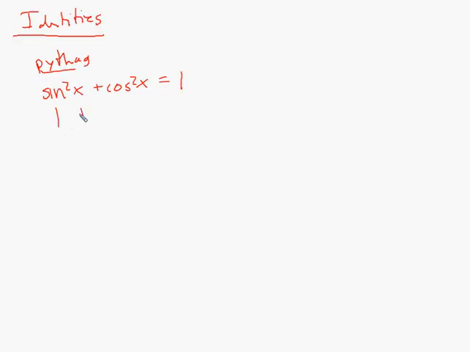And 1 plus cotan squared x equals, what goes here? Cosecant squared x. We divide this one by sines, and we get this. If I go back to the beginning and I divide by cosines, I get tan squared x plus 1 equals secant squared x.